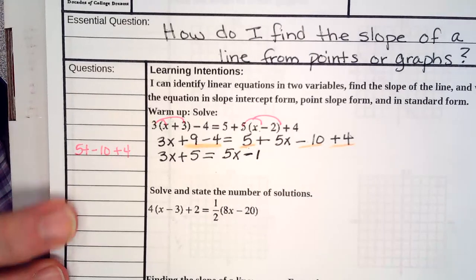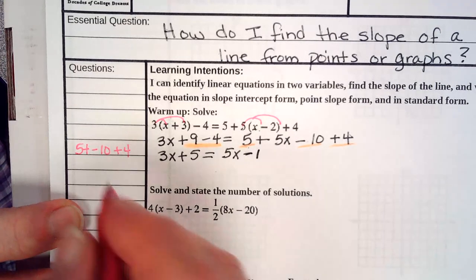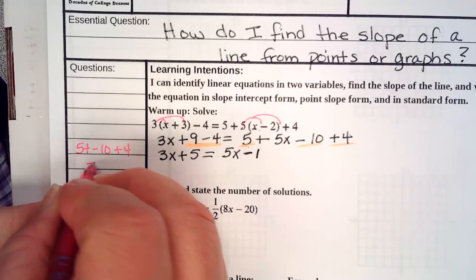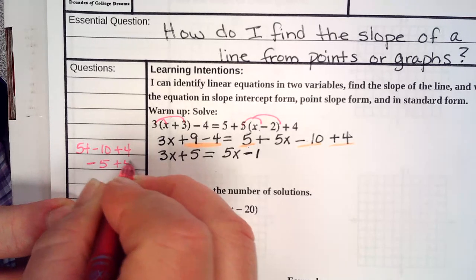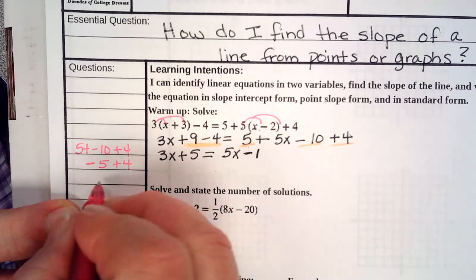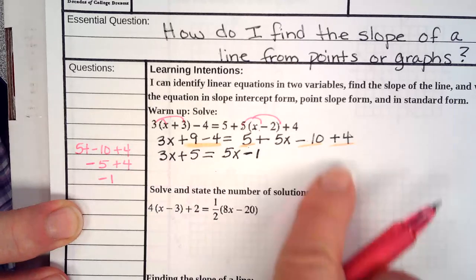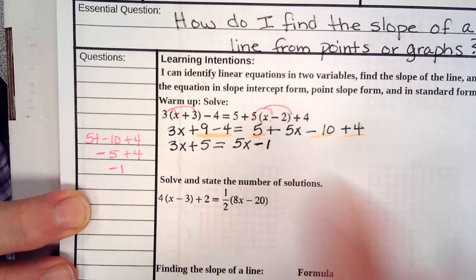Okay, that was what we were looking at: 5 plus negative 10 plus 4. 5 plus negative 10 is negative 5, plus 4. Negative 5 plus 4 is negative 1. That's where the negative 1 comes from.